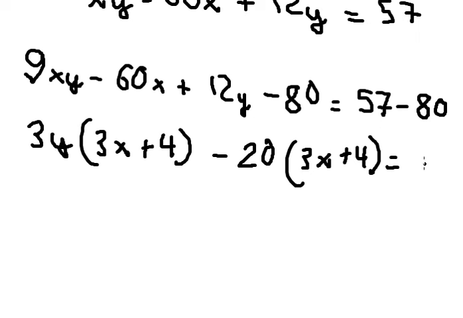This one we have negative number 23. Now we have 3x plus 4, 3x plus 4. We can do another factorization.